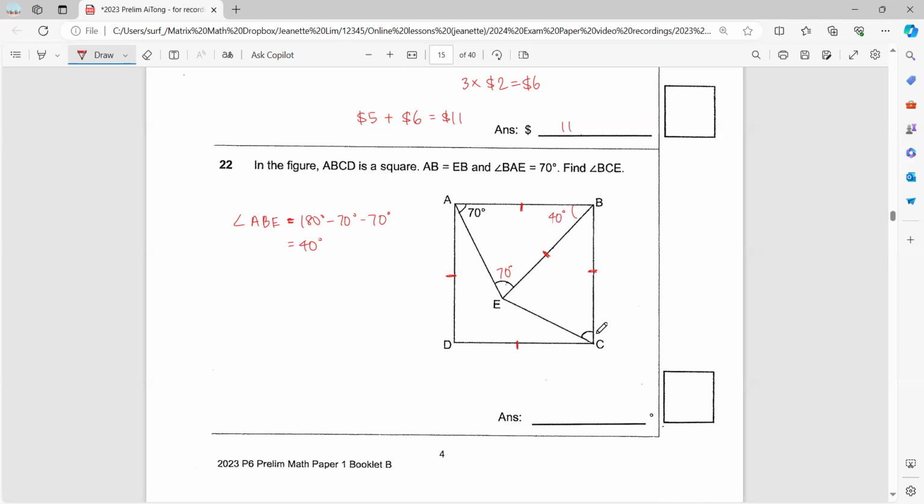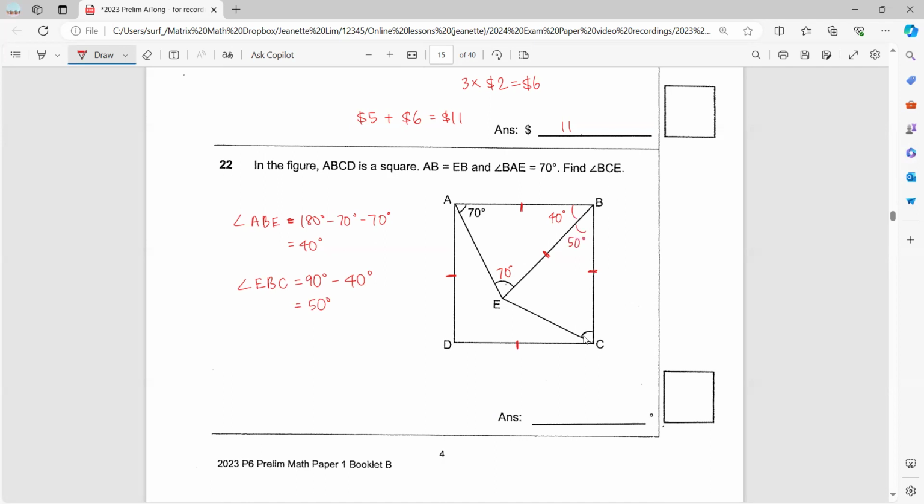So how am I going to get to this part here? I'm going to use 90 degrees minus the 40 to get this. Then I'll use the isosceles triangle to find the base angle. So EBC, 90 minus 40, which is 50. So this is 50.